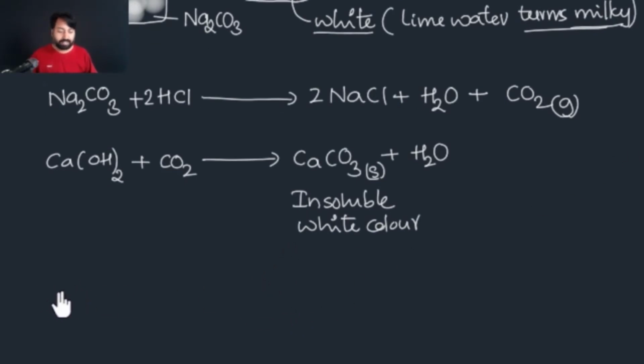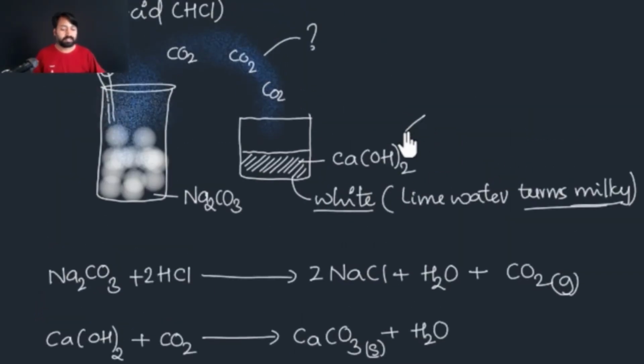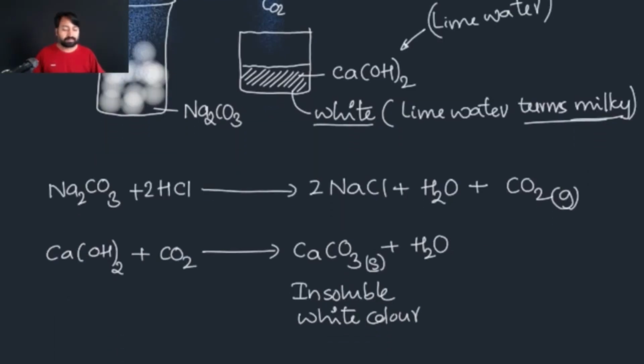But an interesting fact is, if you go on adding more carbon dioxide into lime water, which is calcium hydroxide and transparent, it turns into calcium carbonate, which is insoluble and white. But even after forming calcium carbonate, if you add more carbon dioxide, the reaction proceeds again.